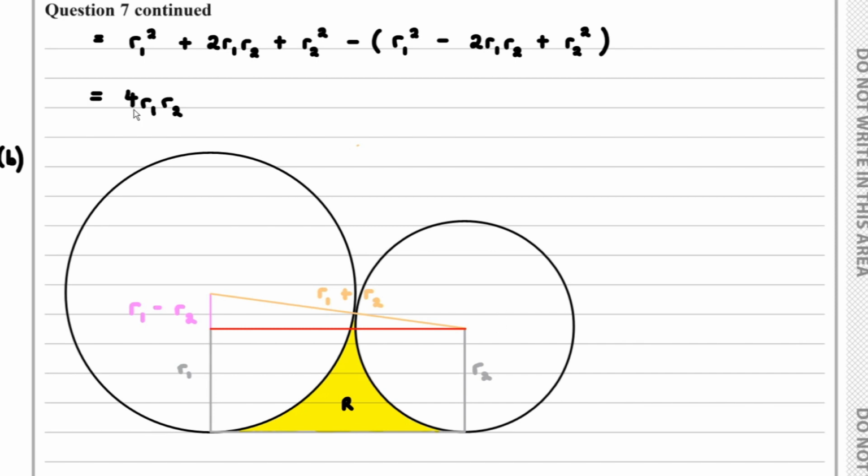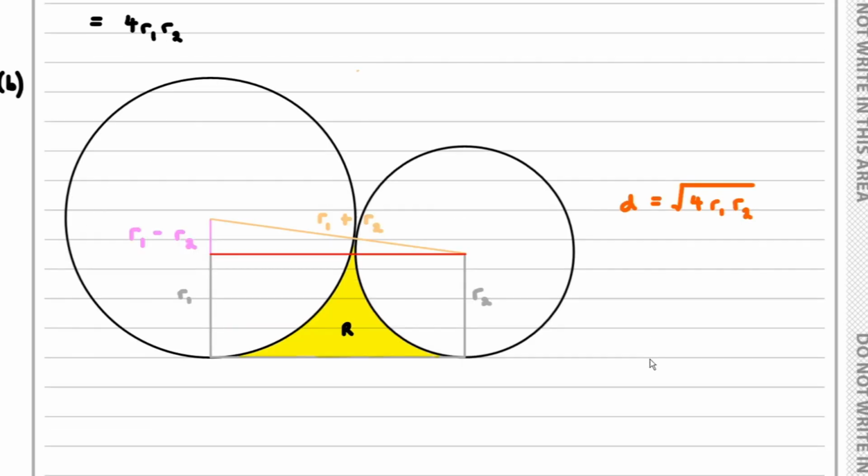Now, if we know that d squared equals 4r1 r2, then d will equal the square root of 4r1 r2, which is 2 root r1 r2. We'll show that here. Now, for us to find out this area R, we need to recognise we've got a trapezium, then we've got this sector from C1, and we've got another sector from C2.